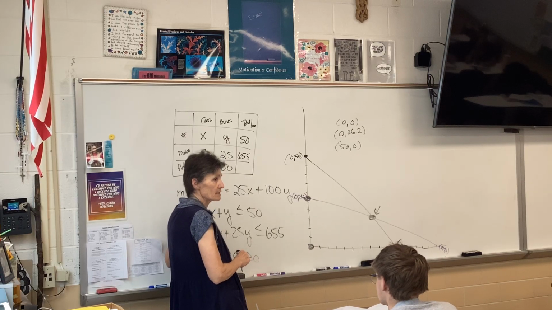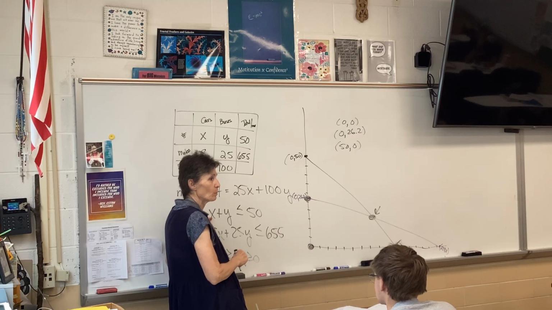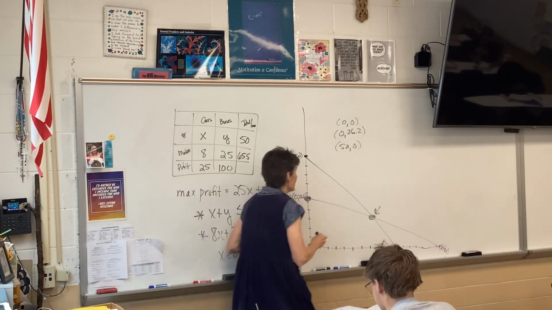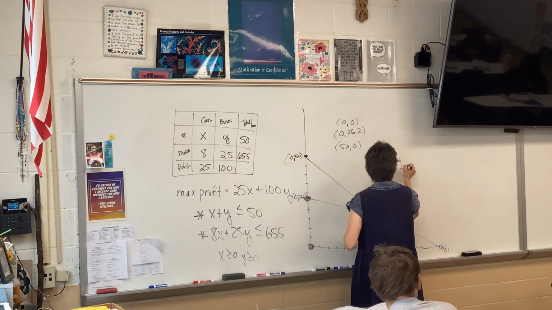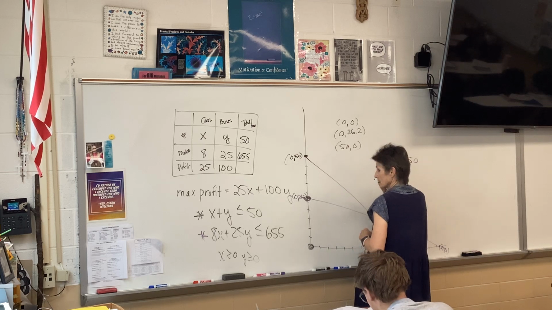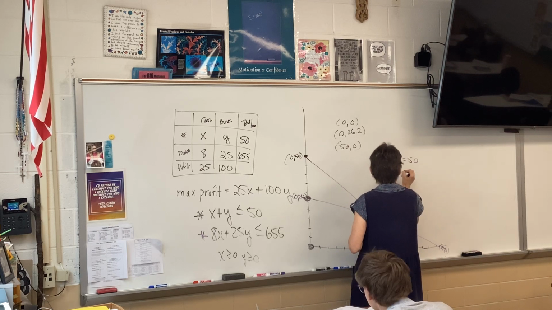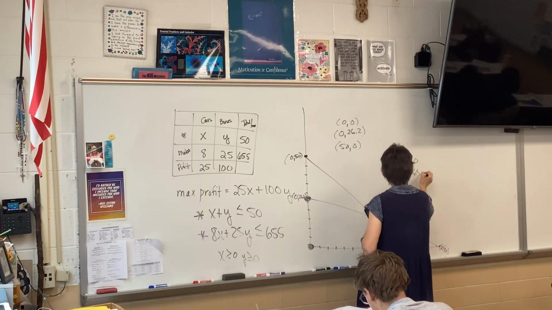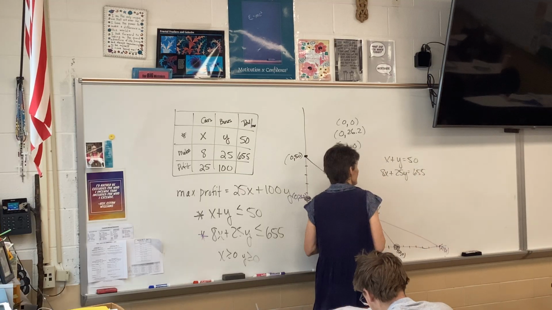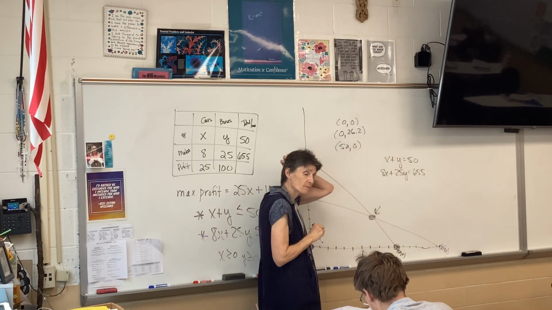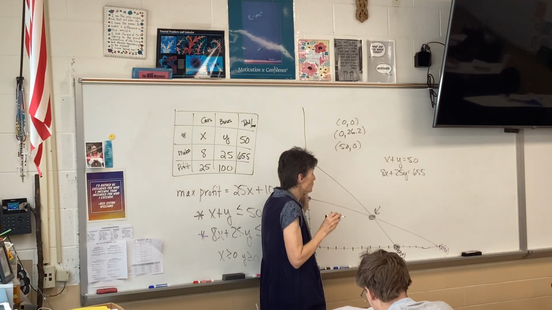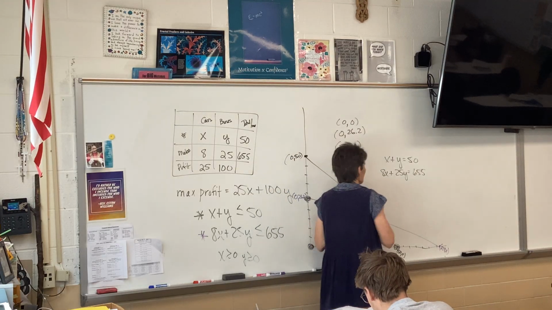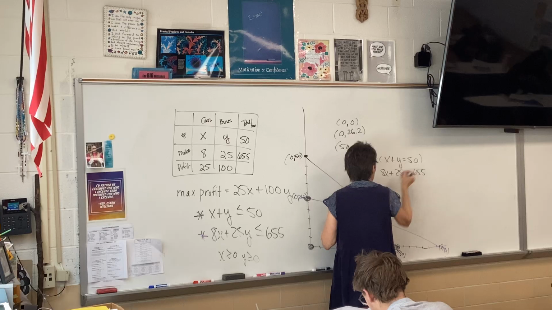I'm going to substitute or eliminate this equation, right? So x plus y is 50. 8x plus 25y is 655. You could easily substitute on this one. I think I'm going to eliminate. I'm going to multiply by -8.